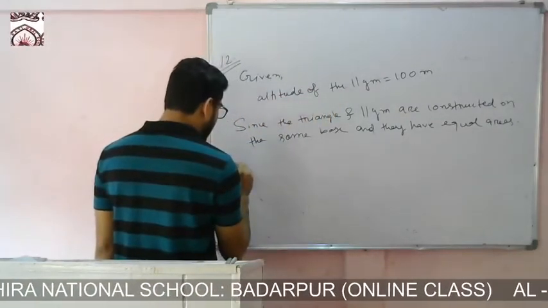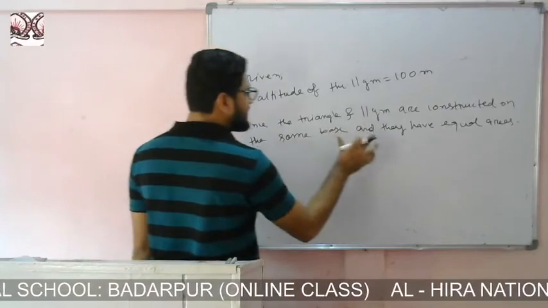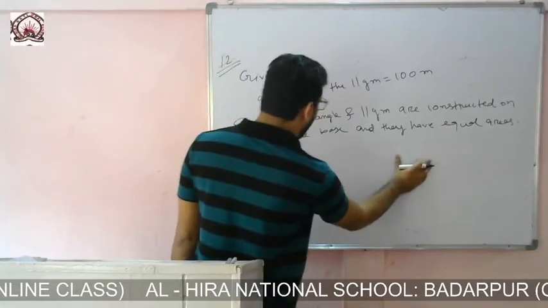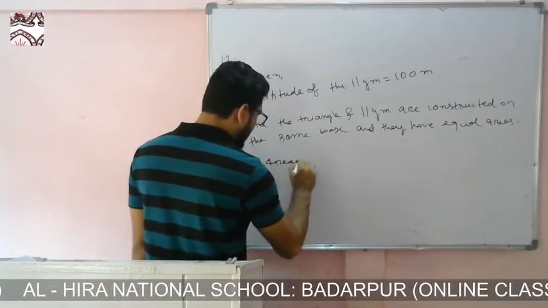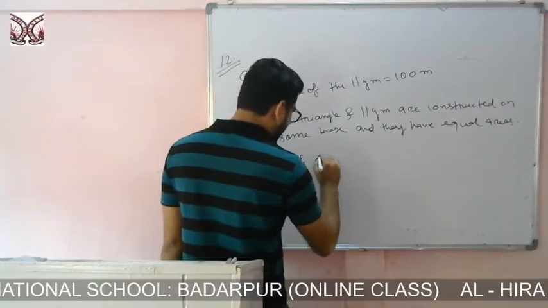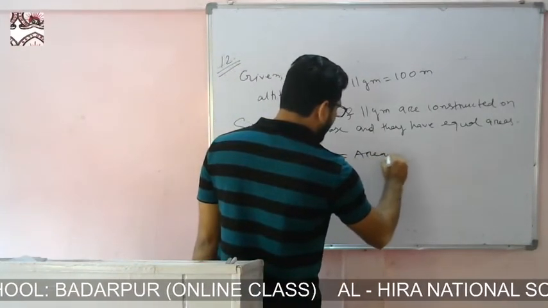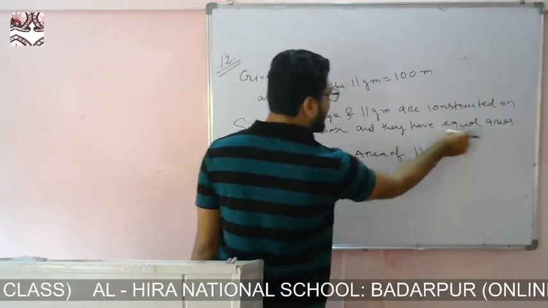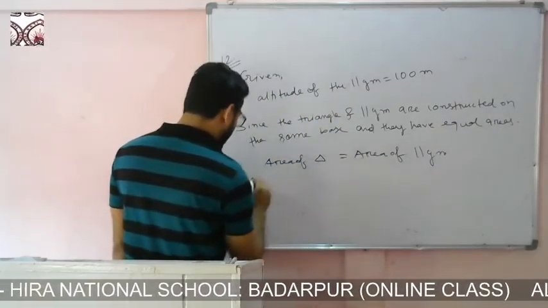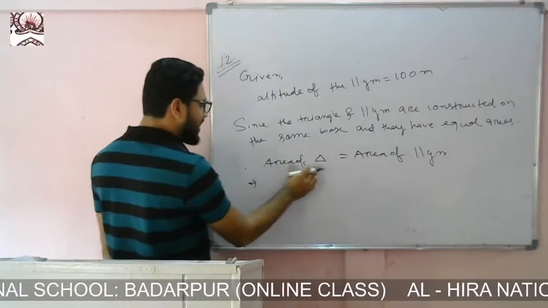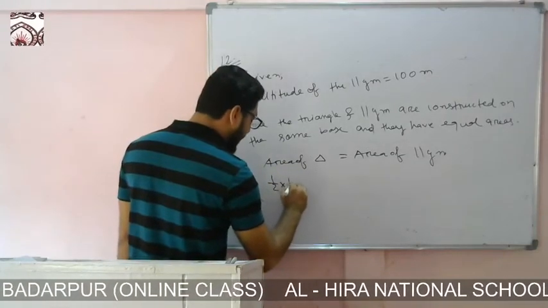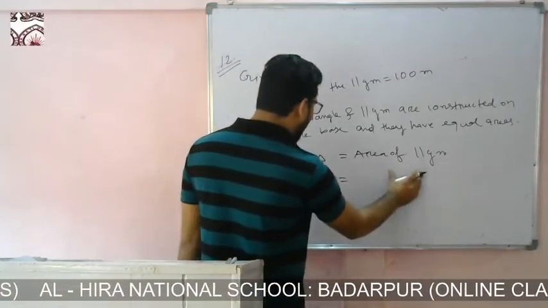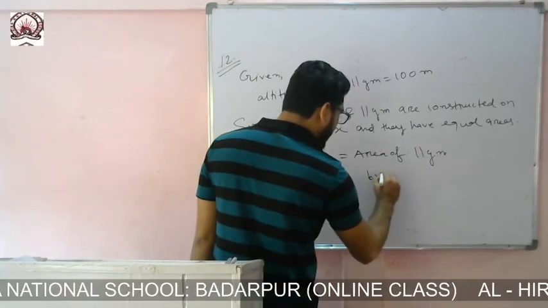Therefore, we can write, since they have equal areas and equal base, area of the triangle will be equal to area of the parallelogram. So area of triangle is half into base into altitude, and area of parallelogram is base into altitude.